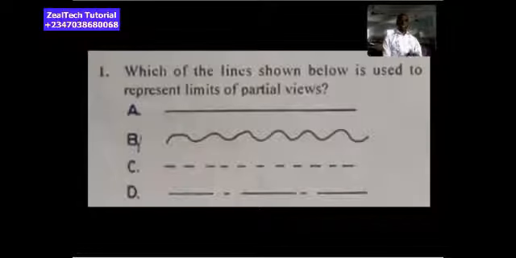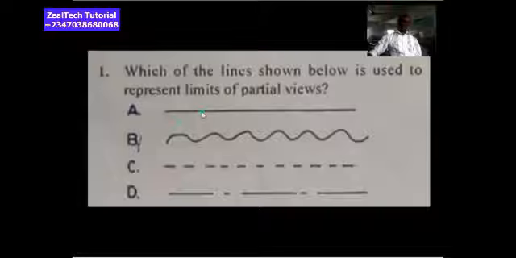So you discover there's an area that can be rough, where maybe you tore up a part of it to show the remaining hidden part, a small part of the inner part of the object. The line that is used to show the limit of the tearing that allows you to see the inner part of it is called what? The limit of partial view. So the only line that can be used there is this one, and that is B. B is the correct answer.